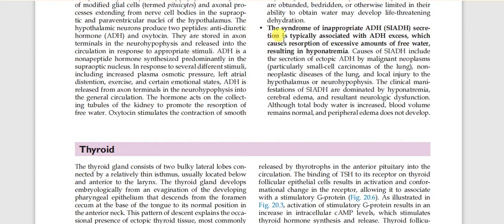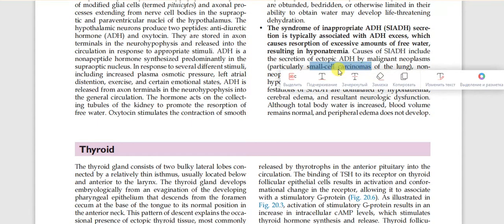Inappropriate ADH secretion is typically associated with ADH excess, which causes resorption of excessive amounts of free water, resulting in hyponatremia. This syndrome of inappropriate ADH includes the secretion of ectopic ADH by malignant neoplasms, and we discussed it in your reports with some of the groups. They are produced by small cell carcinomas.